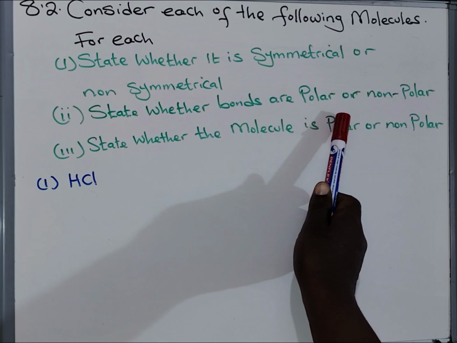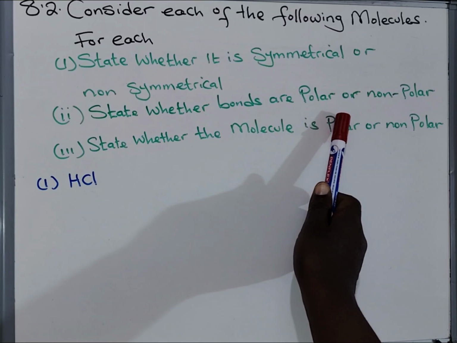Next is water. Water has oxygen as the central atom, and we know that oxygen belongs to group 6. So when you analyze this molecule, it has two bonding pairs, one bonding with hydrogen and another bonding with another hydrogen. The two lone pairs here are responsible for this shape.